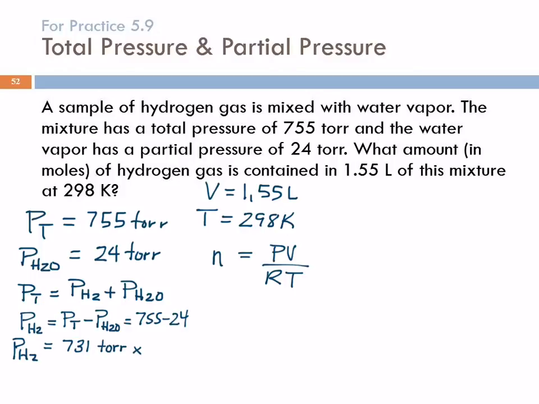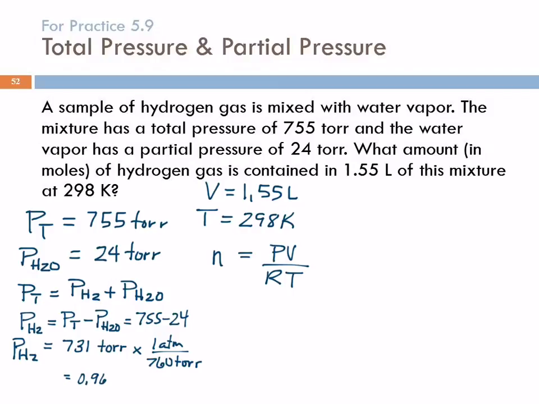So we need to convert torr to atmospheres. So we're dividing by 760 torr. 731 divided by 760. Most of our problems that we're going to see, the pressure in atmospheres is going to be fairly close to 1.